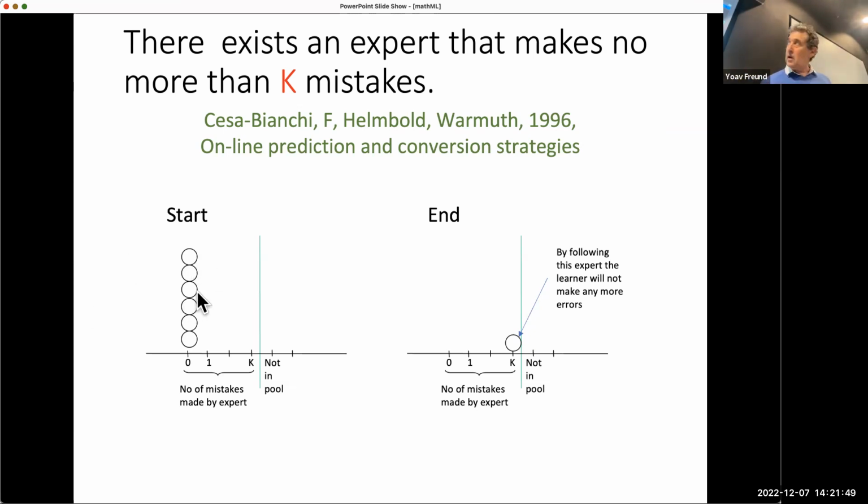That's here on the left. What you have on the x-axis is the number of mistakes that an expert made. So here all experts made 0 mistakes, and here there is one expert that made k mistakes. And at this point, you know that you can't make any more mistakes, right? So that's the end state.